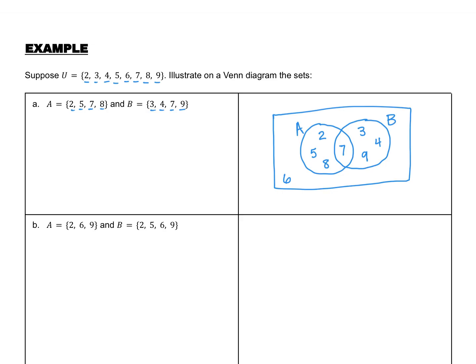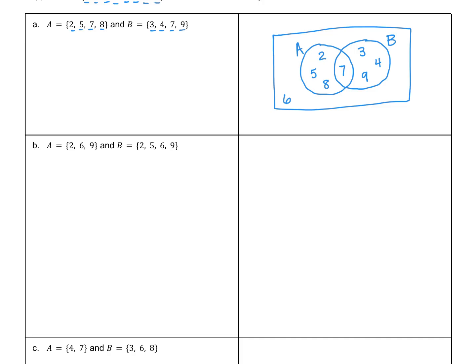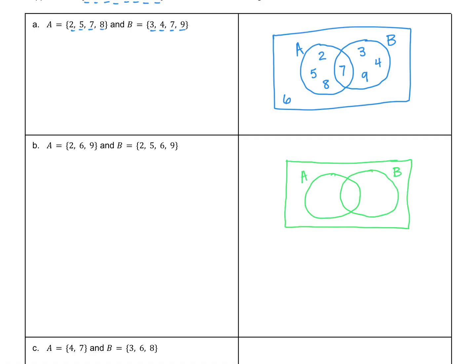For question B, it says that set A is comprised of the numbers 2, 6, and 9. Set B is comprised of the numbers 2, 5, 6, and 9. So if we make a Venn diagram, 2 circles, I'm going to label this A, this one B. I'm going to start off with the intersection.